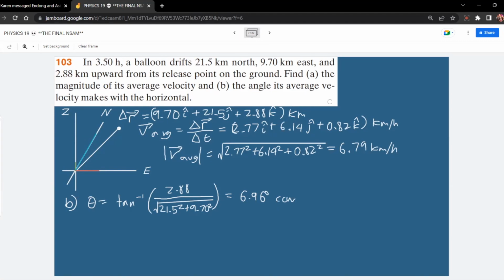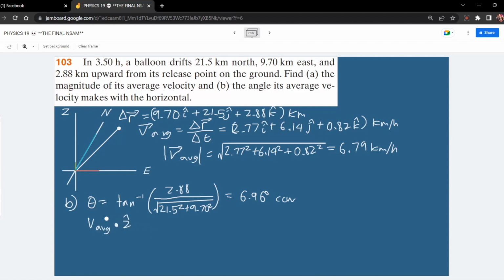Okay. Ngayon, another way to do this. Kunin mo yung dot product niyan ng V average with the unit vector z hat. So V average dotted with z hat, pakisulat.